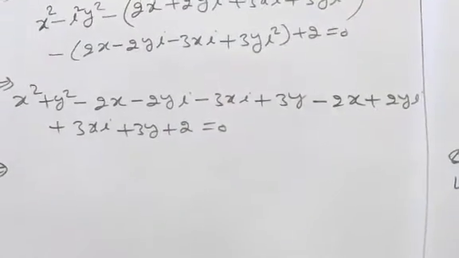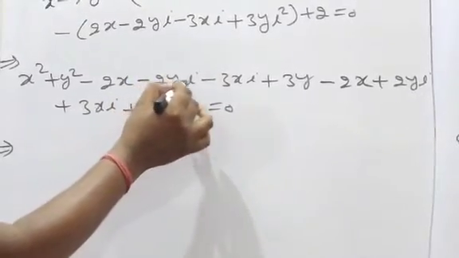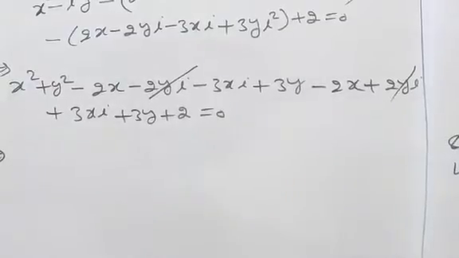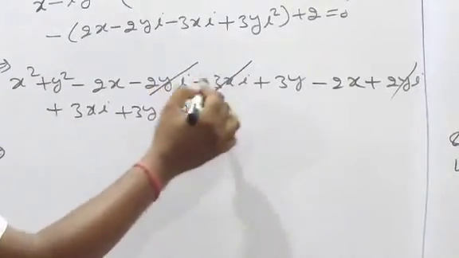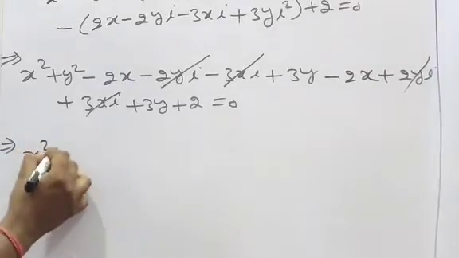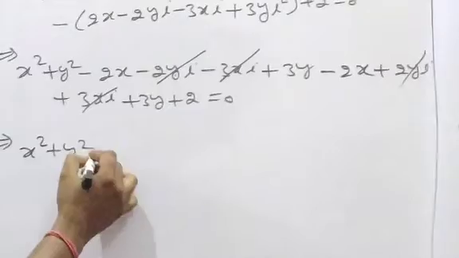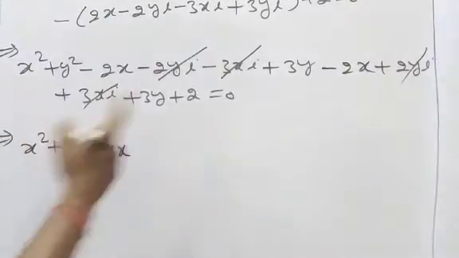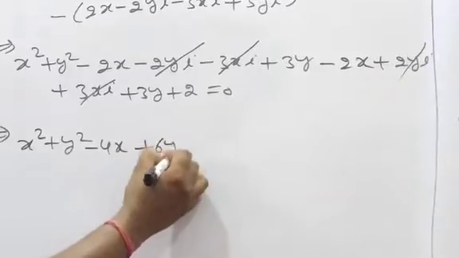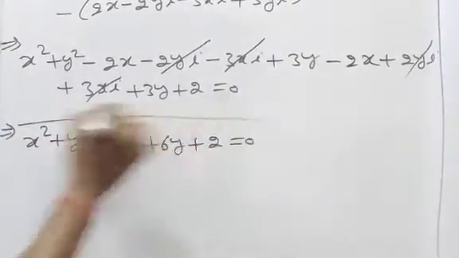Clear? Okay. Now minus 2yi cancels with plus 2yi, minus 3xi cancels with plus 3xi. Now x square plus y square minus 2x minus 2x, minus 4x, plus 3y plus 3y, 6y, and plus 2 is equal to 0. Clear?